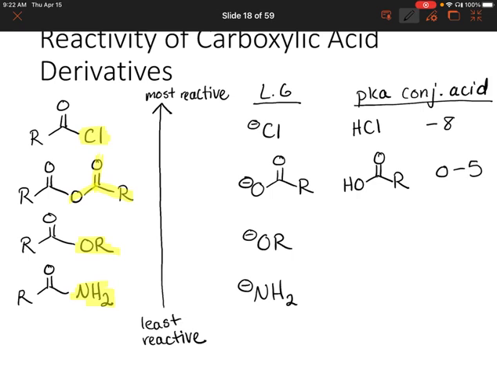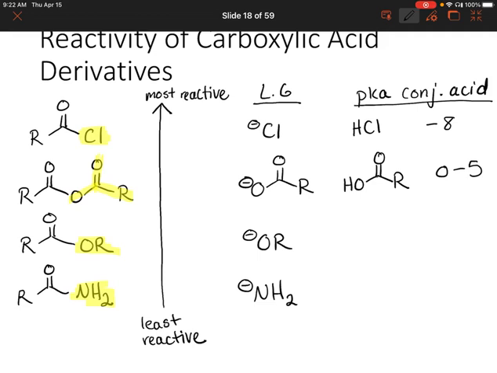So carboxylic acids are also pretty acidic, which means that their conjugate bases are fairly stable. Not as stable as a chloride ion, but still fairly stable. So that means that anhydrides have a fairly good leaving group, and so they will be fairly reactive.